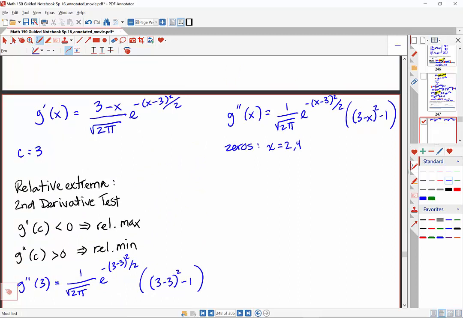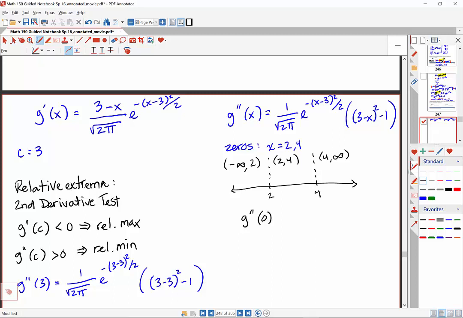We've got to find out if there are any points of inflection, right? So we're going to make a number line divided up by the zeros of the derivative, right? So we've got 2 and 4. So we've got to test minus infinity to 2, 2 to 4, and then 4 to infinity. So g double prime at, how about 0?